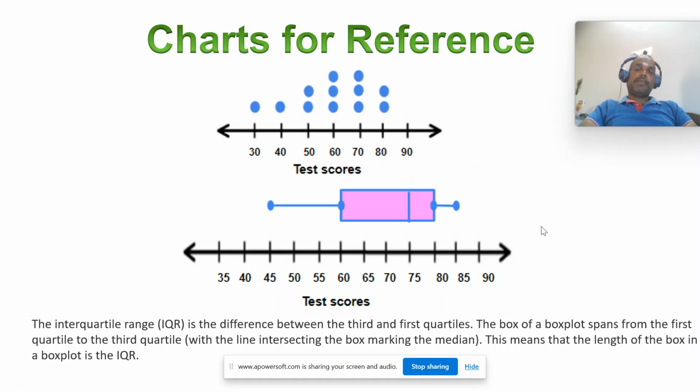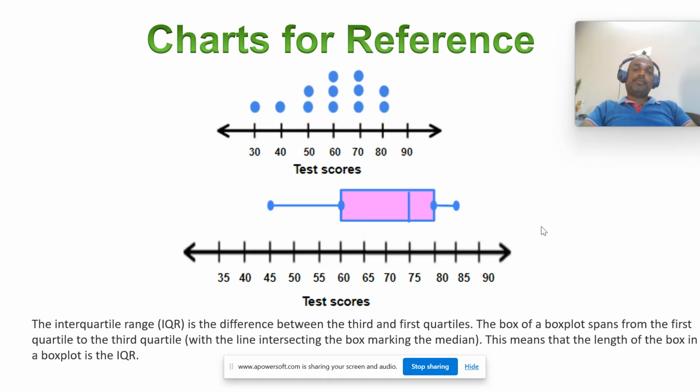This is a classical example of test scores by students represented in a dot chart. At the bottom, you can see the representation of the dots in a box chart.